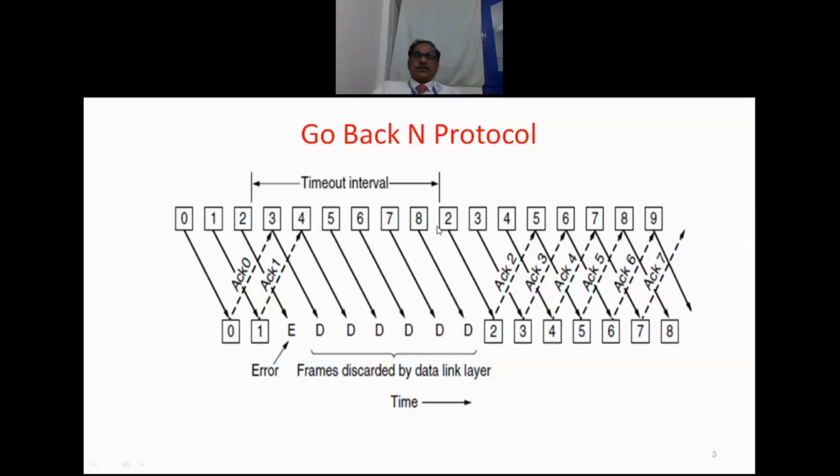Now the sender will think that there is something wrong. Maybe frame 2 has not arrived at the receiver, which is why it has not got a reply or feedback from the receiver.